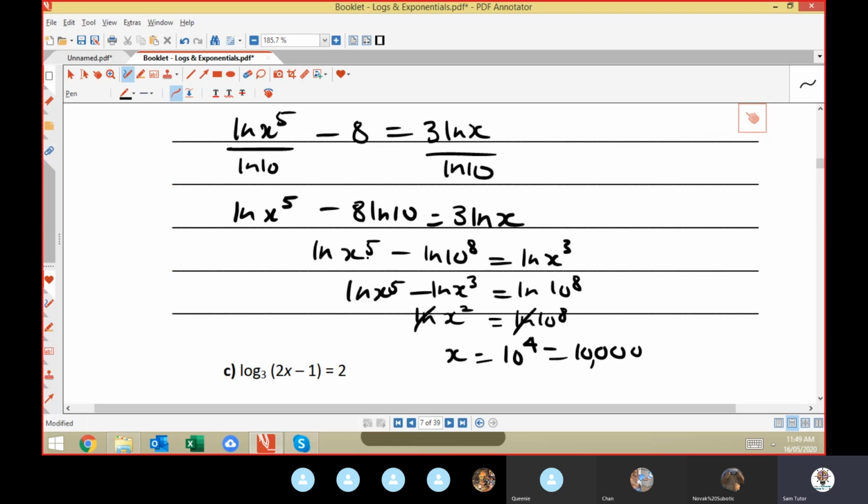If you did not do that, you would have had x to the 5 over 10 to the 8 equals x cubed. Then you would have multiplied your 10 to the 8 to one side. It would look something like this.